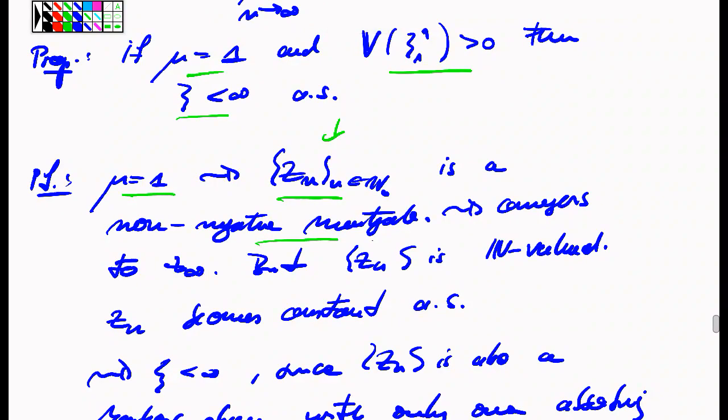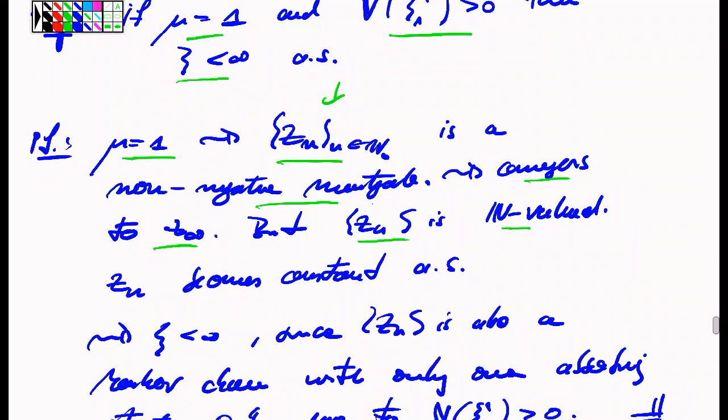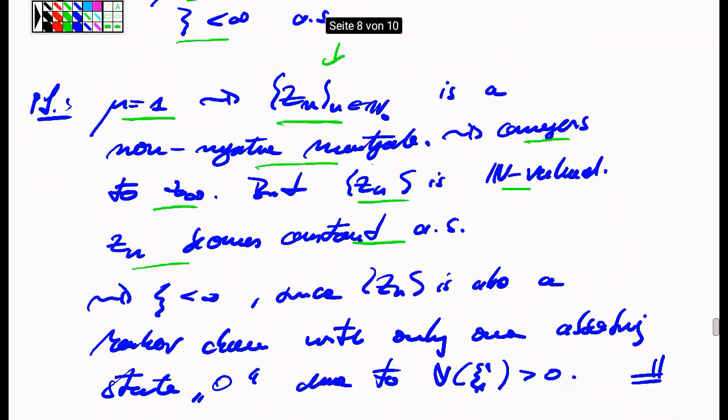And by the same considerations as before, we have stabilization of trajectories, so we have convergence by the Convergence Theorem to a random variable Z infinity, almost surely. But Zn is an integer valued process, so integer valued trajectories can converge only if they become constant almost surely.